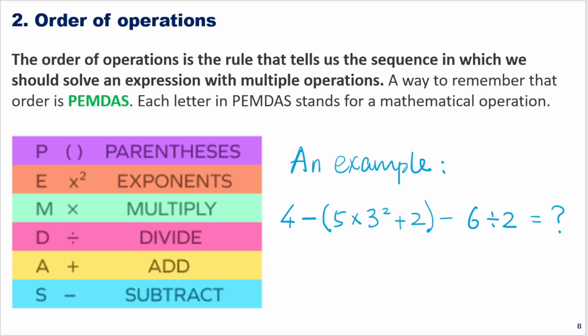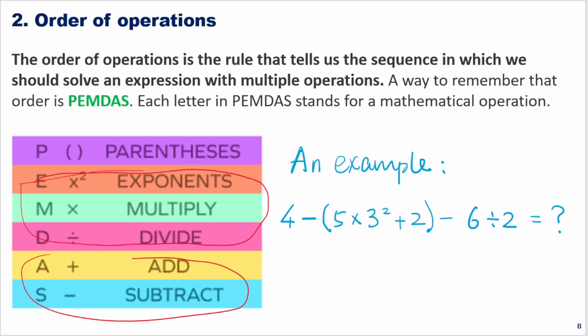A way to remember that order is PEMDAS, which means we should calculate the expression in the parentheses first, followed by exponents, multiplication, division, addition, and subtraction. So the order does not matter for these three. These three have the same priority, and these last two operations have the same priority, right?